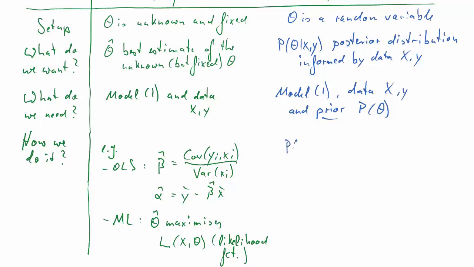What does a Bayesian do? Really everything builds on this little relationship. The posterior distribution, this is what we are after, is proportional, and that's what this little sign means, to the product of two things. Firstly, the likelihood function.